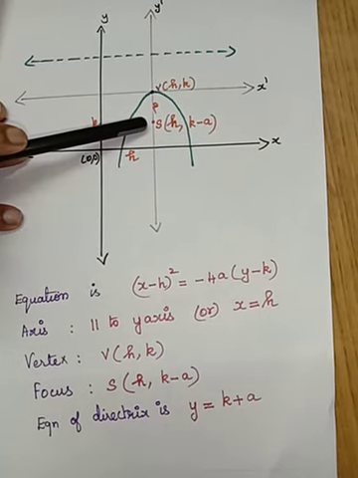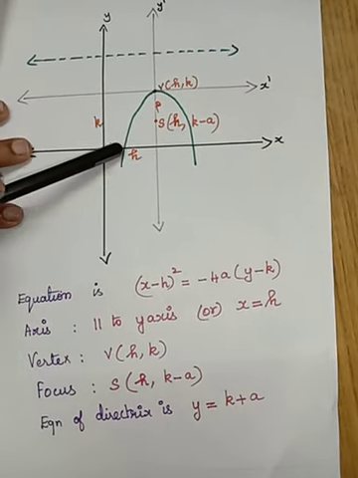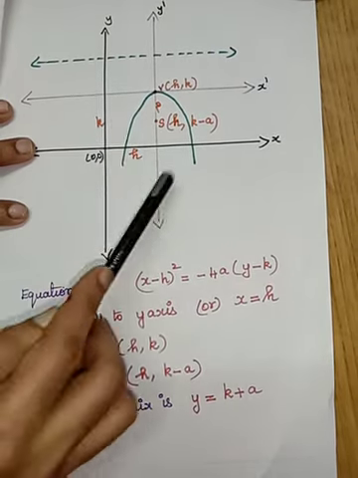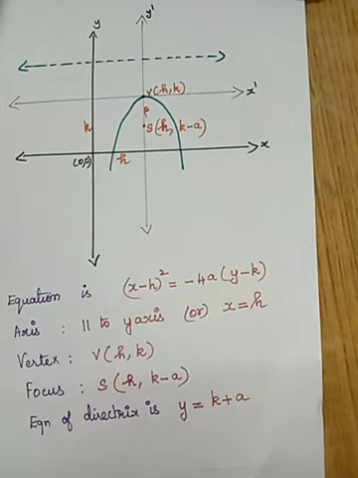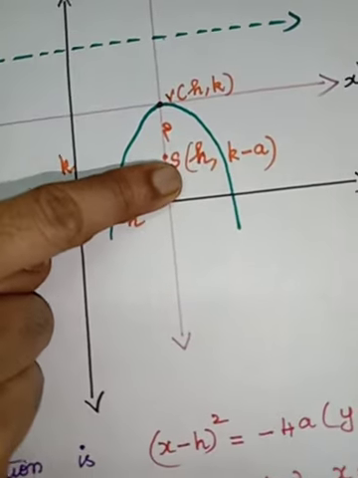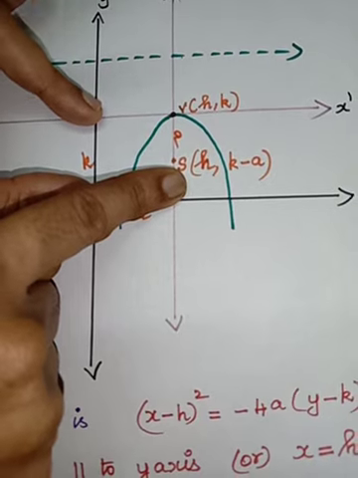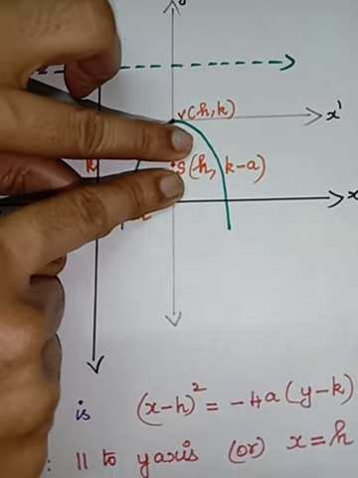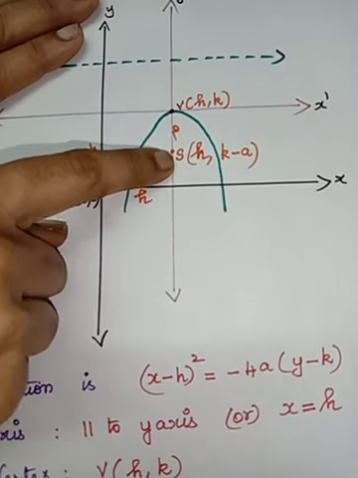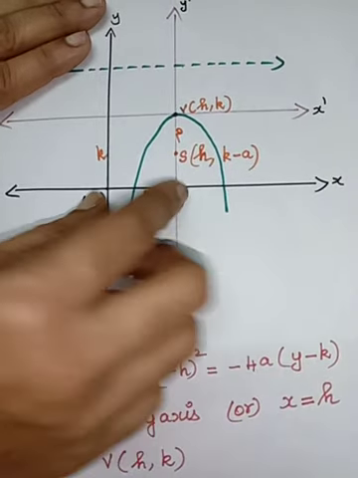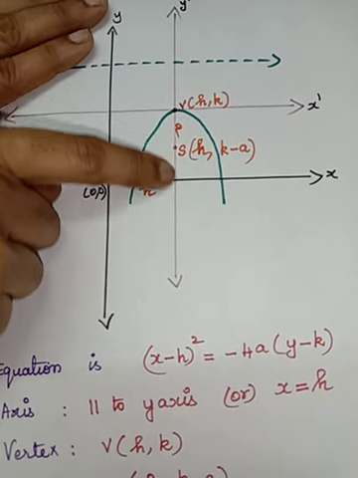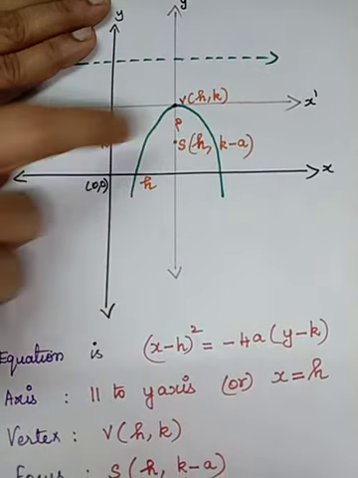There is no change in the x distance, that is, the x distance is h. And what is y? We have to find this distance. The whole distance is k, and if you subtract a from that, you will get this. So the focus is h comma k minus a.